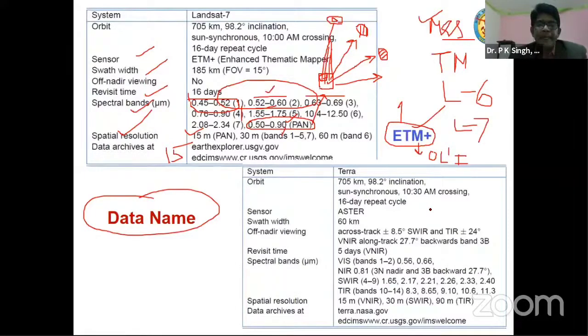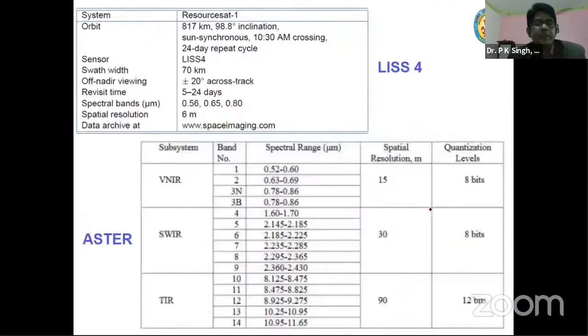Aster data is the best freely available data with respect to its spatial resolution. It is also freely available. For LISS-4, they have added one panchromatic band. Its spatial resolution is actually 5.8 meter, 6 meter it is written. That is LISS-4.